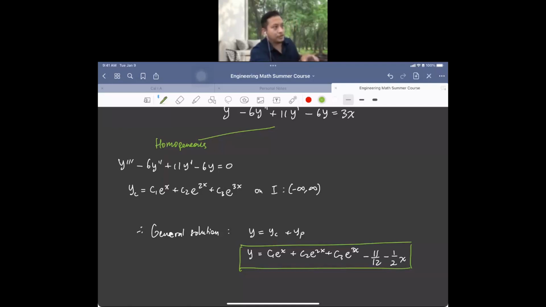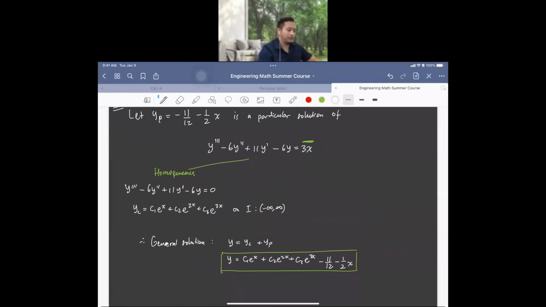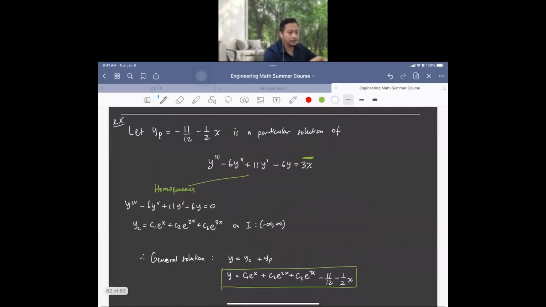The last section of the first part of the introduction is another superposition principle, for non-homogeneous equations. Now we have homogeneous and non-homogeneous. Usually we call yp the particular solution, that is for non-homogeneous.